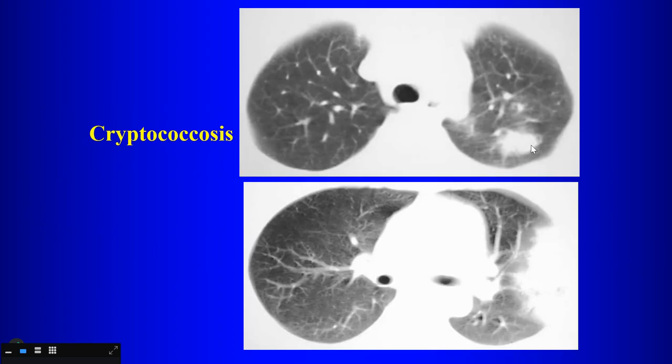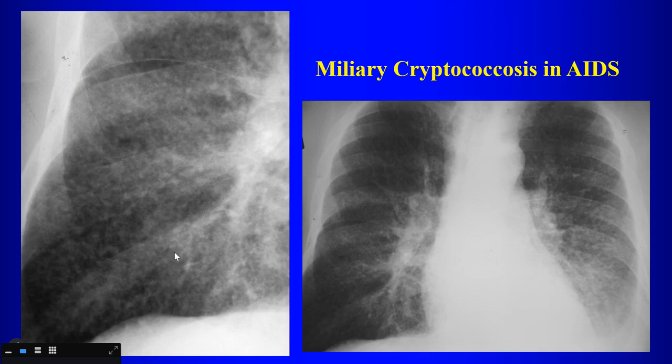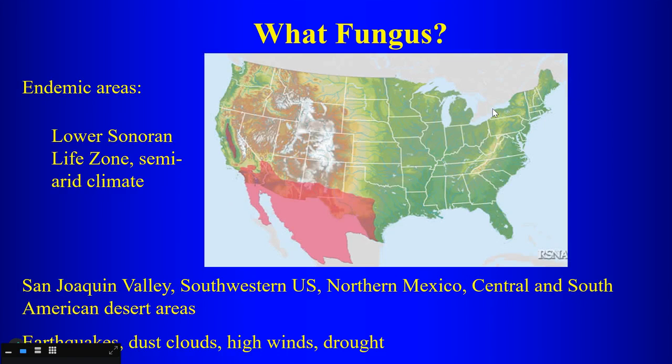So very similar appearance, multiple opacities looking like nodules and masses. Miliary disease looks like all the other miliary diseases that we've seen: small tiny nodules scattered throughout the lungs. This is a patient with AIDS, as it turns out.